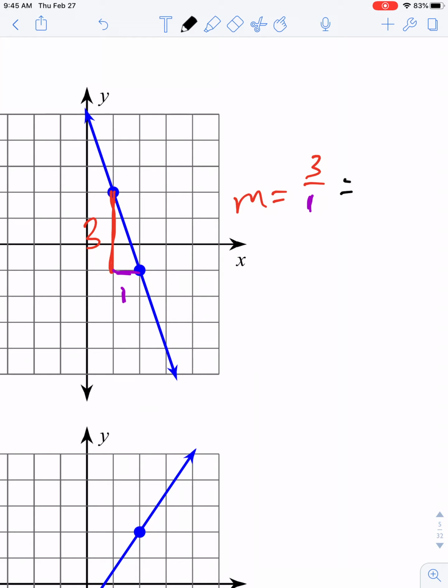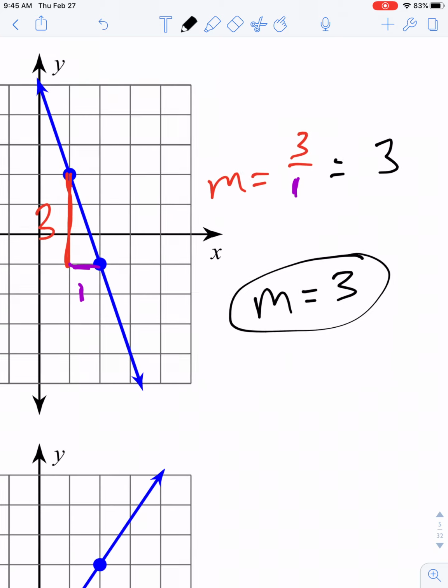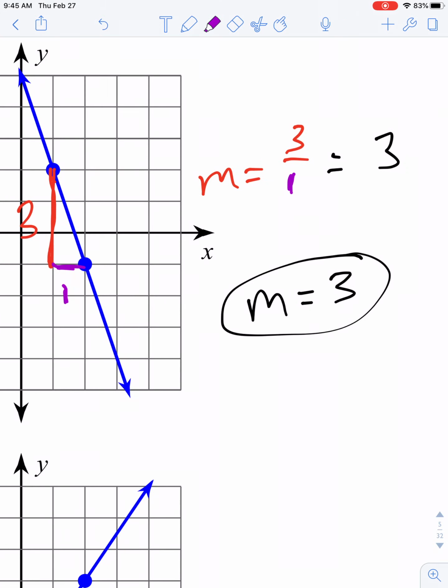So 3 over 1 reduces to simply 3. So slope, in this case, is 3. But you need to check left to right. If I follow the line, notice how my finger went down the graph. That means that my slope is actually negative.